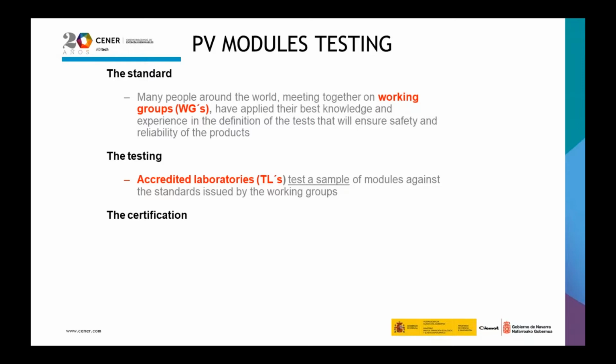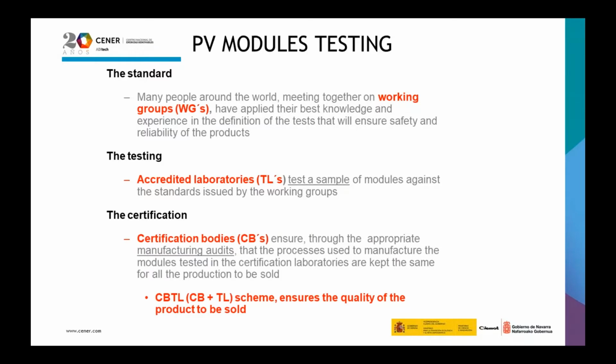The accredited laboratories are audited periodically, and also they have to compare their results with other accredited laboratories. And finally, we have the certification bodies, who are the organizations that issue the signed document based on the test report of the laboratories.